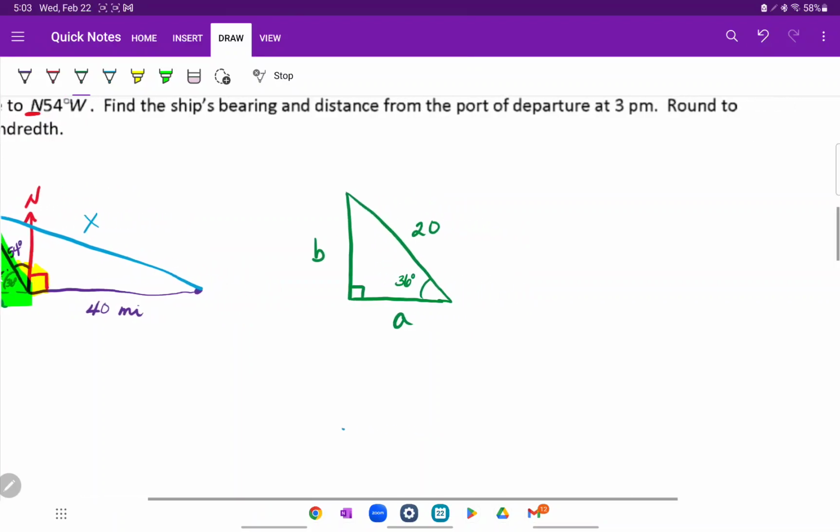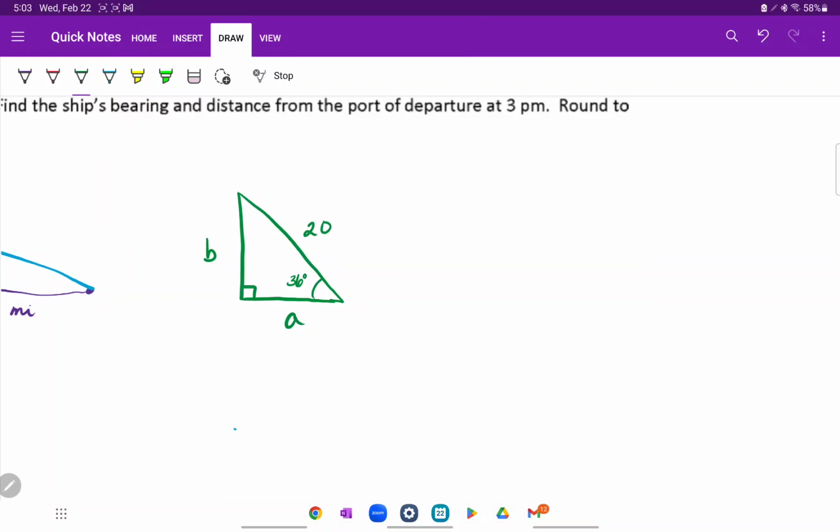I'll start by finding side A. In reference to our angle of 36 degrees, A is our adjacent side, and we know the hypotenuse is 20, so adjacent and hypotenuse, that's going to be cosine of 36 degrees is equal to A over 20. We'll multiply both sides by 20.